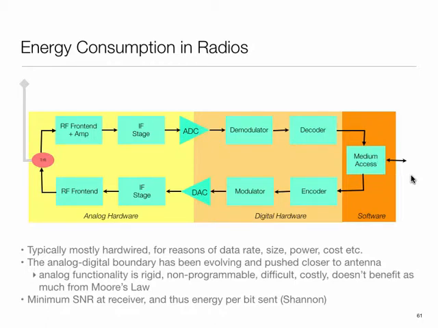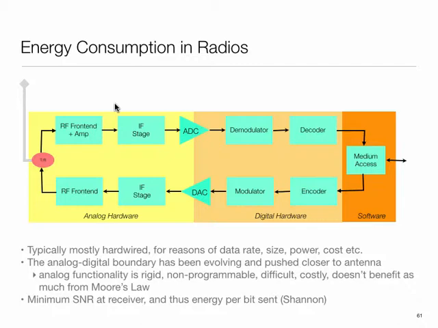So all networking, all communication systems, at a sufficiently high level of abstraction, look basically like this. Now, one thing which has been happening is that this boundary, the analog-digital boundary, has been changing over time. It used to be on this side, but has gradually been shifted out here.